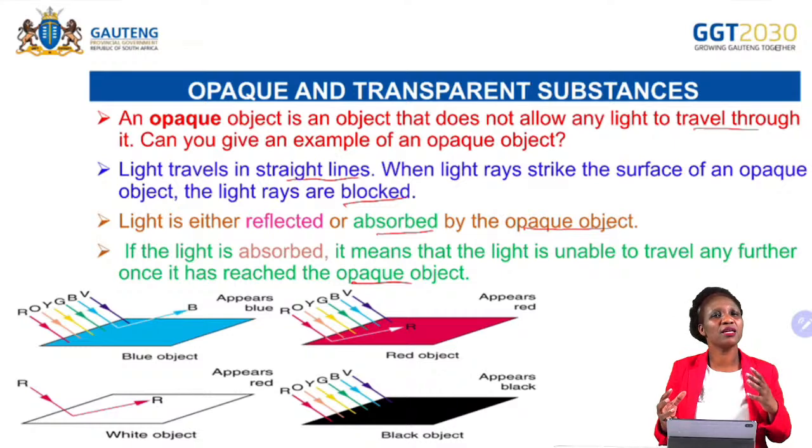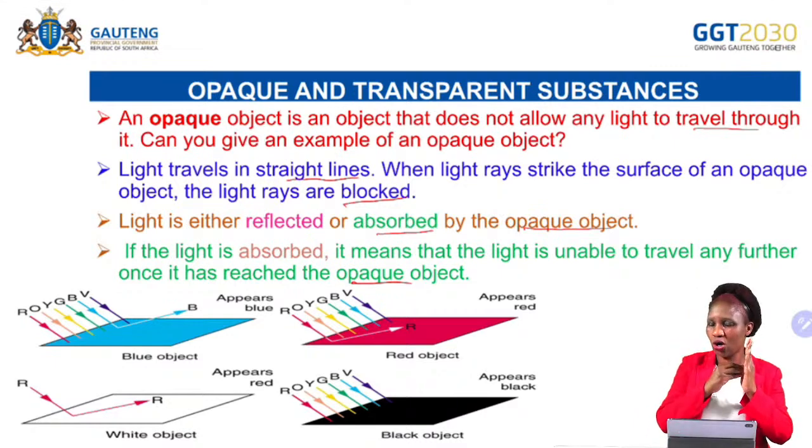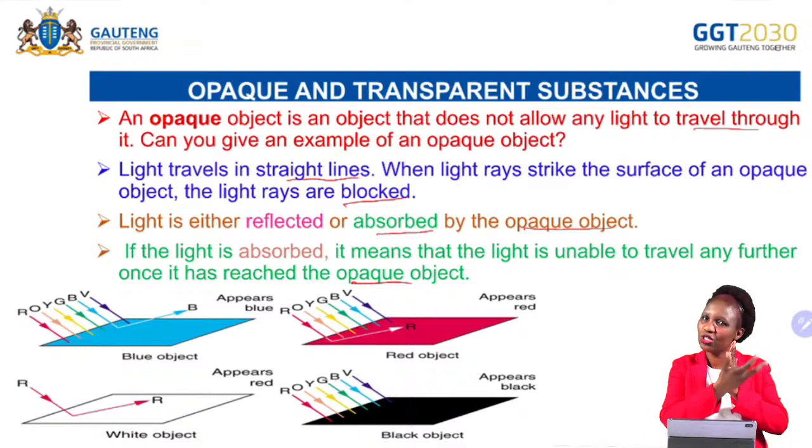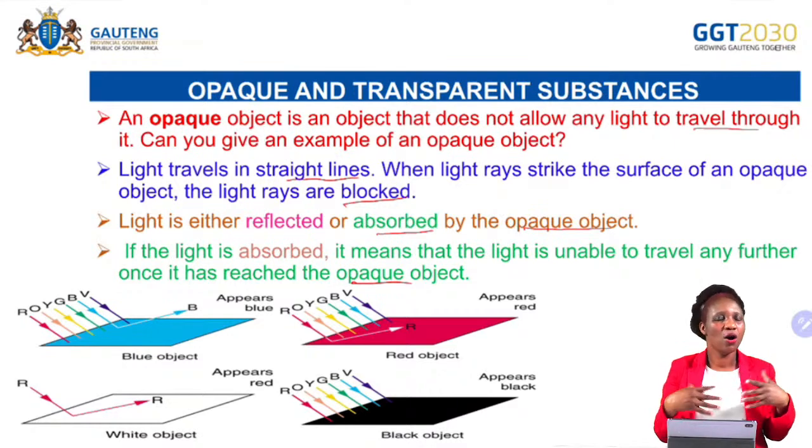Why are we saying it won't travel any further? Because the opaque object is going to block the light. All right. When it blocks it, what's going to happen on the other side? There is going to be a shadow. Then this light won't travel any further. Why? Because it has been blocked.